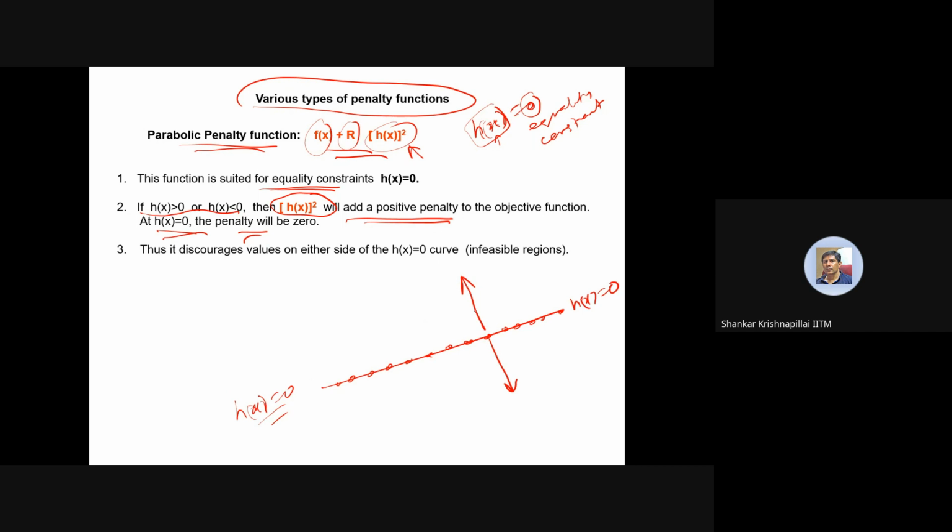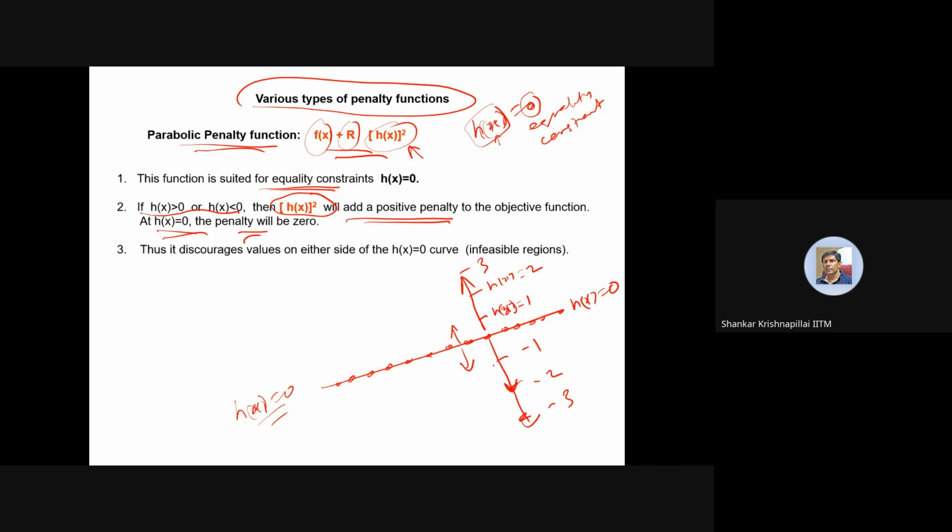Now suppose you go either up or down from this. Going up, h of x will be equal to 1, 2, 3, etc. And on the other side, it will be minus 1, minus 2, minus 3, etc. So the farther you move away from your equality constraint, the more the h of x value will deviate from 0.